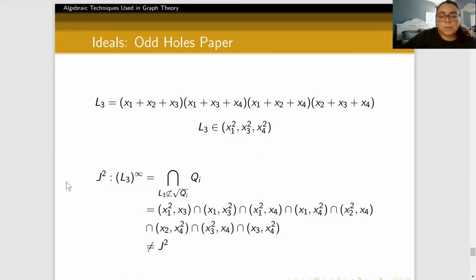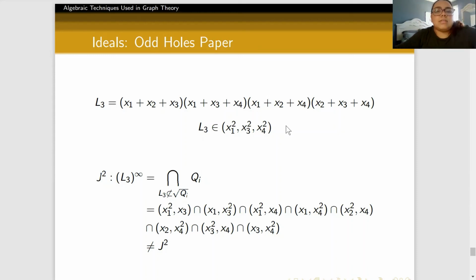And Lemma 4.1 gives us a method for computing the saturation of J squared with respect to L sub 3, which is shown here. By looking at L3, we can see that every term in that product is going to be made up of x1s, x2s, x3s, and x4s.